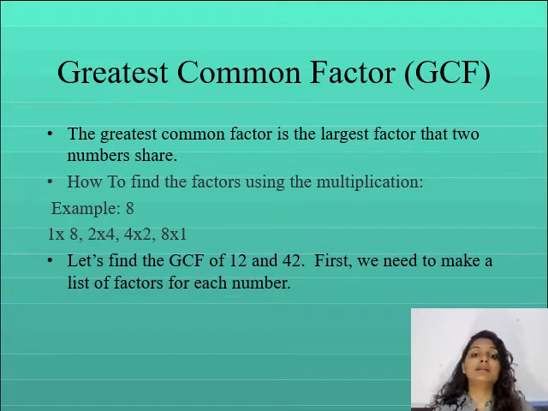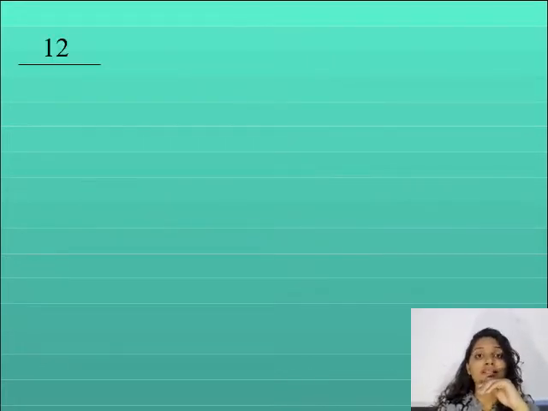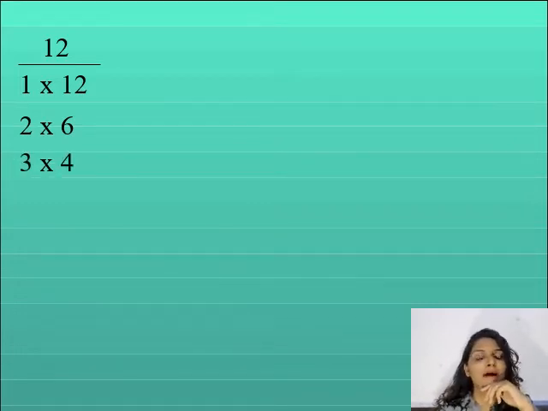So, let us find the GCF or the greatest common factor of 12 and 42. For this, we need to write all the factors of each number. First number is 12. How to write 12 in terms of product of two numbers? We can write it as 1 multiplied by 12, then 2 multiplied by 6, then 3 multiplied by 4, 4 multiplied by 3.